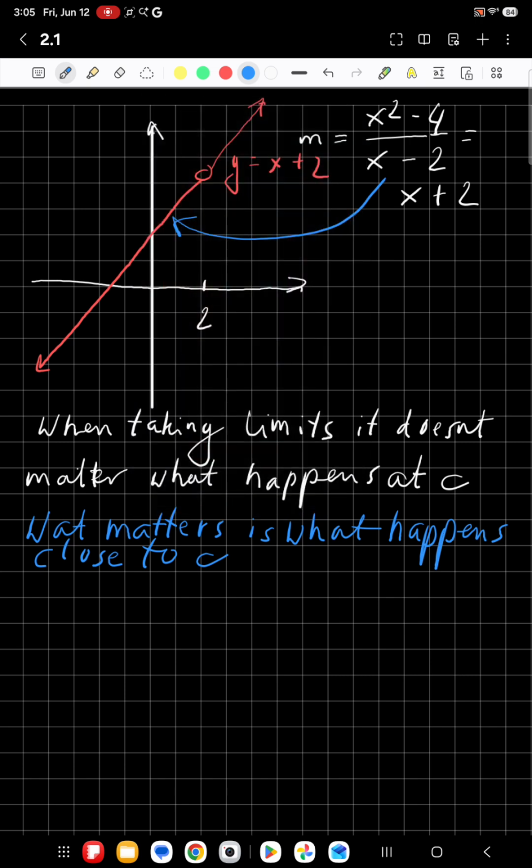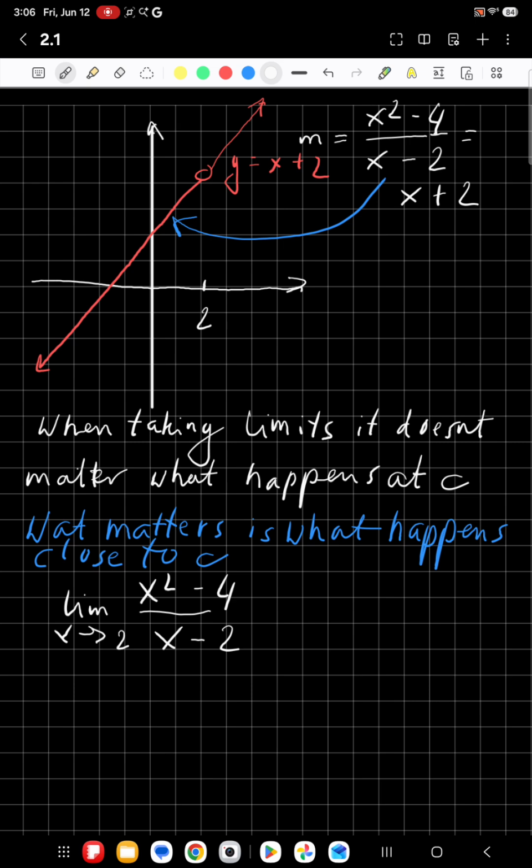You see that if we took a limit of this expression, and if we wanted to calculate that limit, so let me change to a pen: limit with x approaching 2 of x squared minus 4 divided by x minus 2.